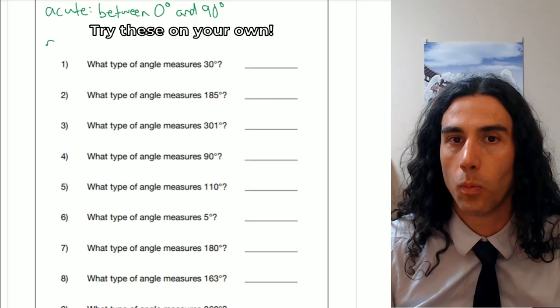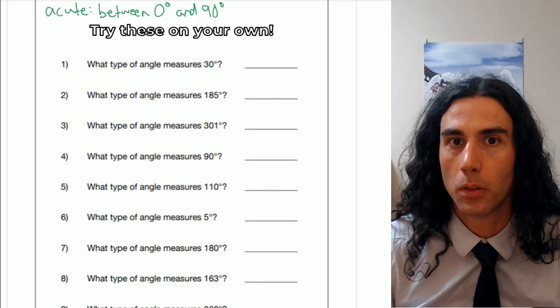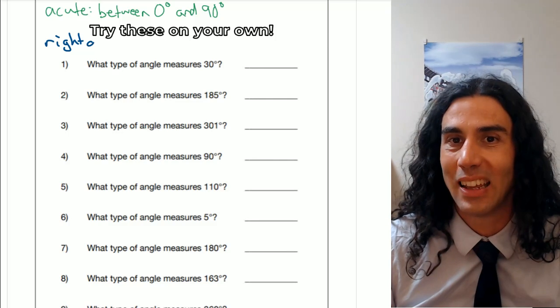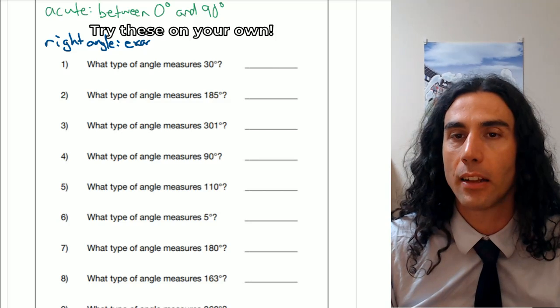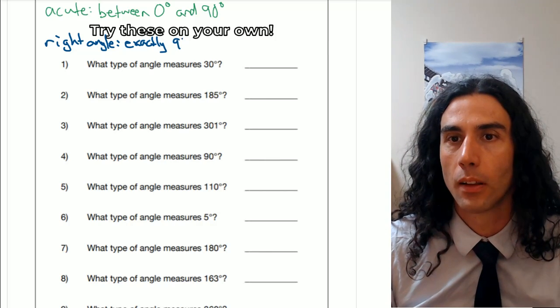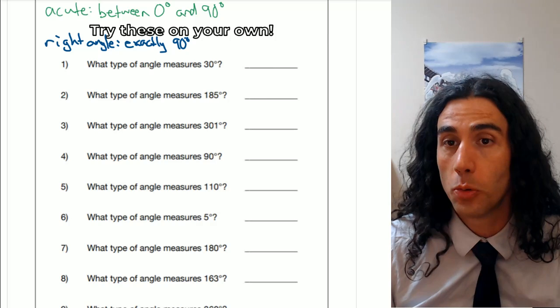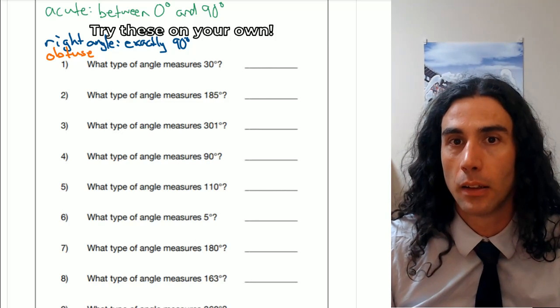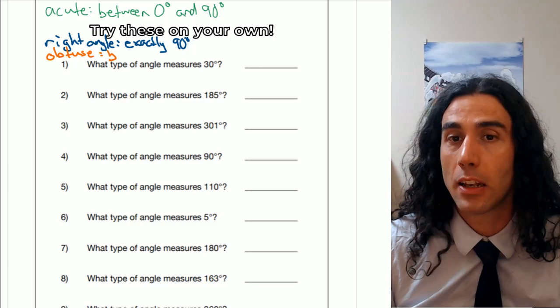Acute. Oh, that didn't work. Go to blue. There we go. The right angle, the next one, is exactly 90 degrees. Next one, obtuse, is between 90 and 180.